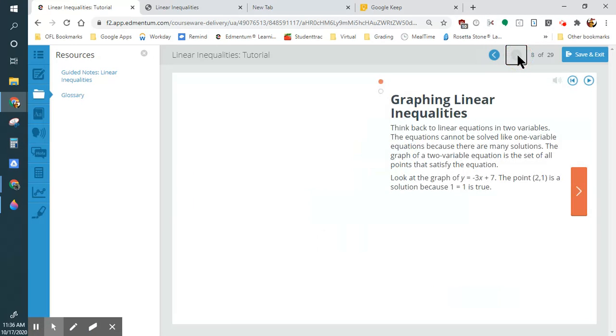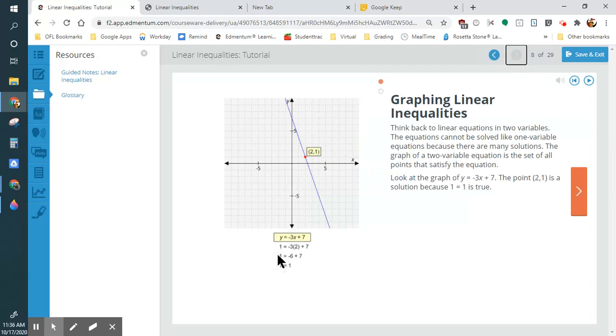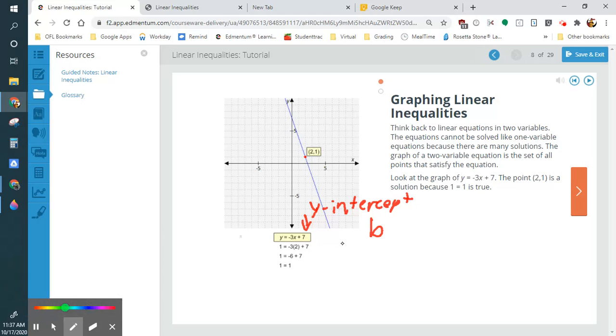All right, so let's start graphing some inequalities. We're going to graph inequalities the same way we did the other graph. So this is our y-intercept, this is our b, and the next one, this is our m.